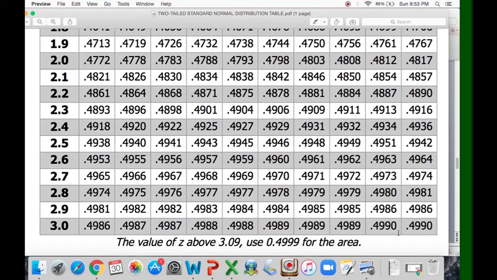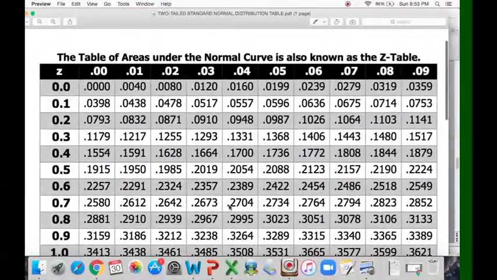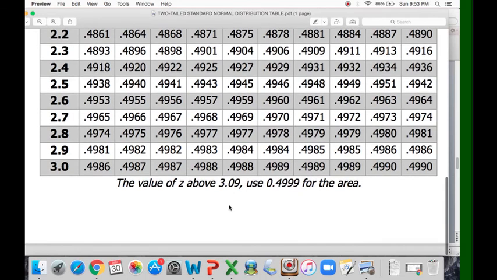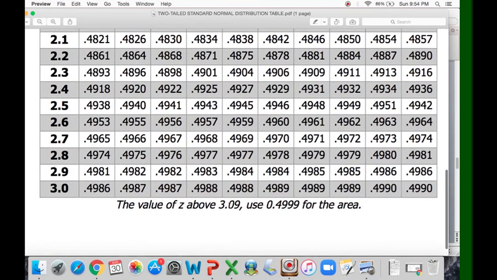So, now, the question now is, what if lumagpas ang ating given, halimbawa, ito, ang given ko ay 0.4999. So, halimbawa, kasi hindi pwedeng 5, pinakamalaki yung 0.4999. So, lahat ng area under that, we will use the z-score that is 3.09.